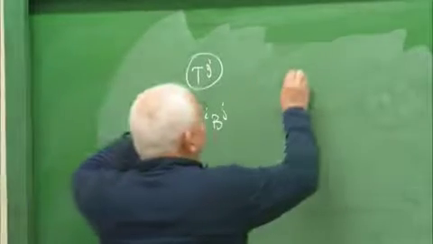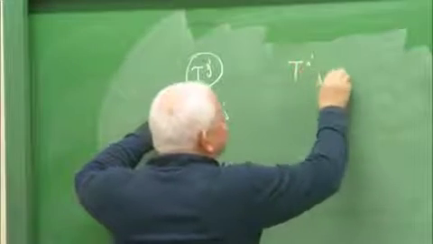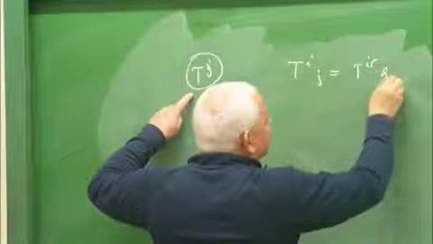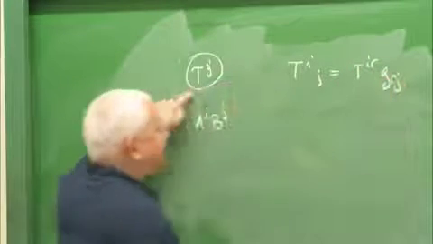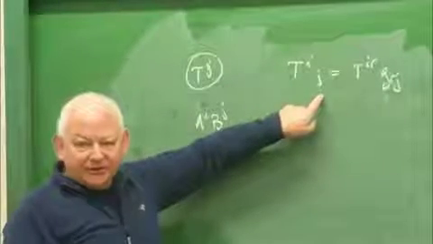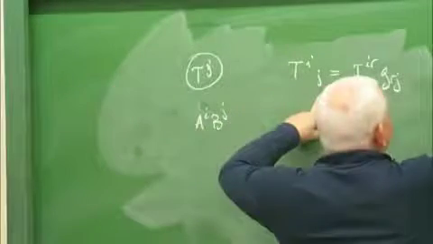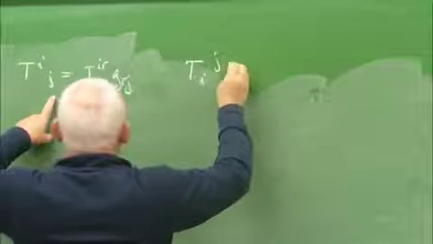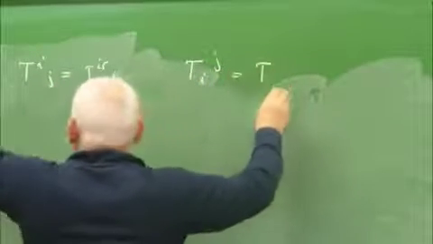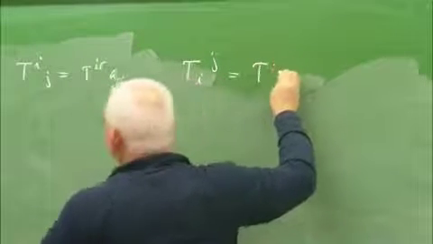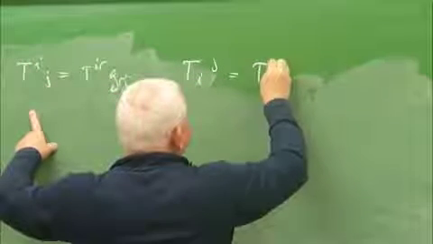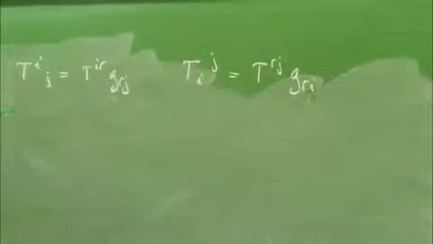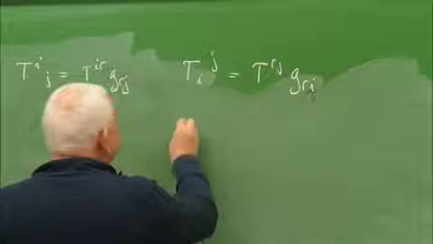So I can construct from this a tensor which I call T_ij, which is T_i^r g_rj. That is the definition of how you lower the index. You can also construct a mixed tensor where the first index is in the bottom position, the second index is in the top position, and this is then, I've lowered the i, so this is T^r_j g_ri by definition. You can lower both indices.